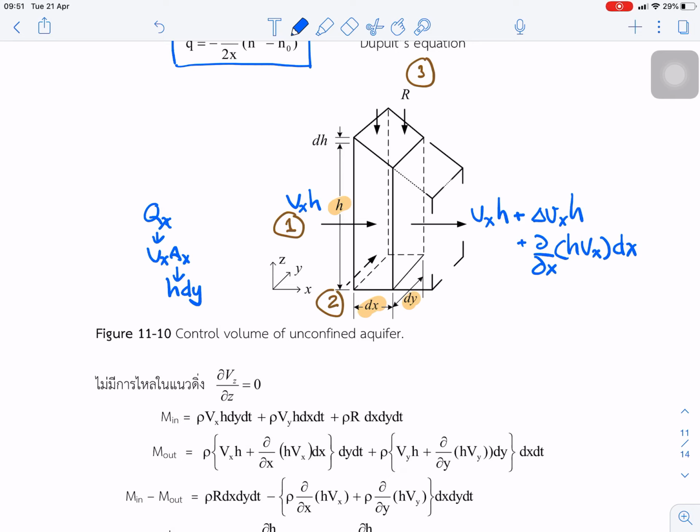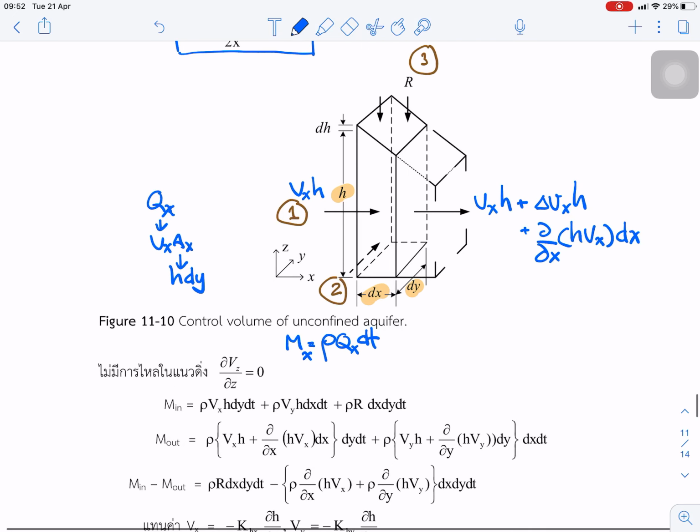Okay, and we can estimate the mass in the x direction, which is equal to qx times rho and dt, similar to the confined aquifer, and we can substitute q into this equation. Qx is equal to Vx and Ax is equal to h dy dt. Okay. So this is where this equation comes from.